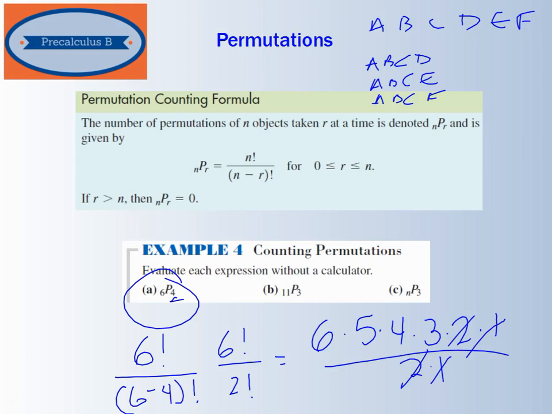It's just 6 times 5 is 30, times 4 is 120, times 3 is 360. So that would give me 360. And that's how we would go about doing that particular problem. There are 360 different permutations of letters that I could make where I have a pool of 6 to choose from, and I'm only selecting 4.